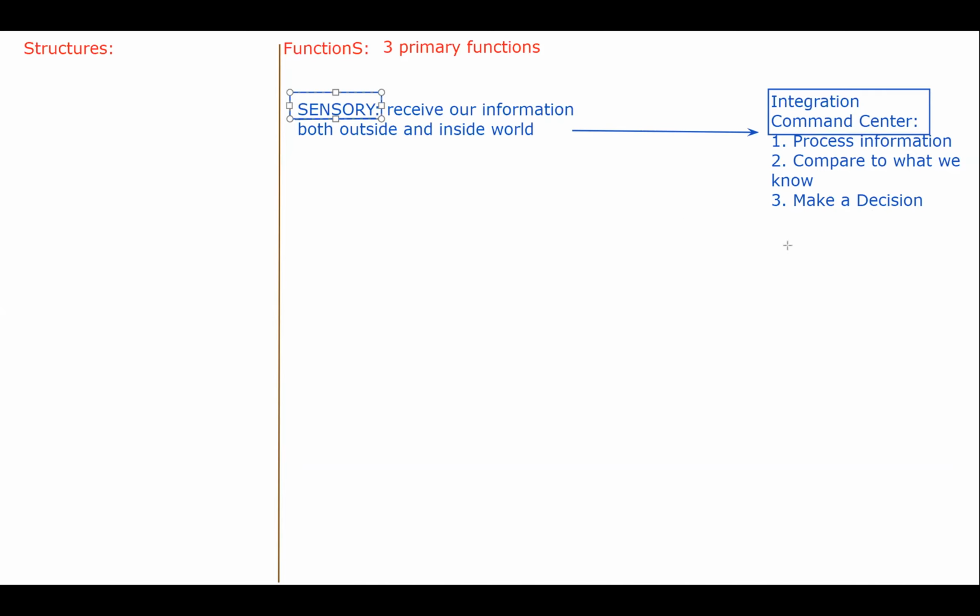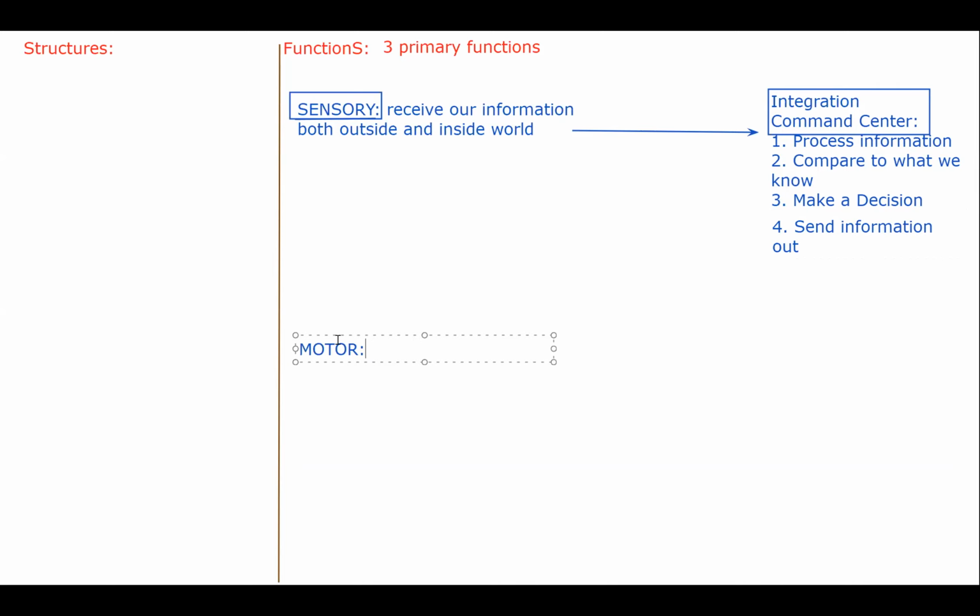And then, of course, our goal is to send information out. And we send that information out to affect some type of change. And to affect that type of change, we then have our third functional classification, and that is our motor.